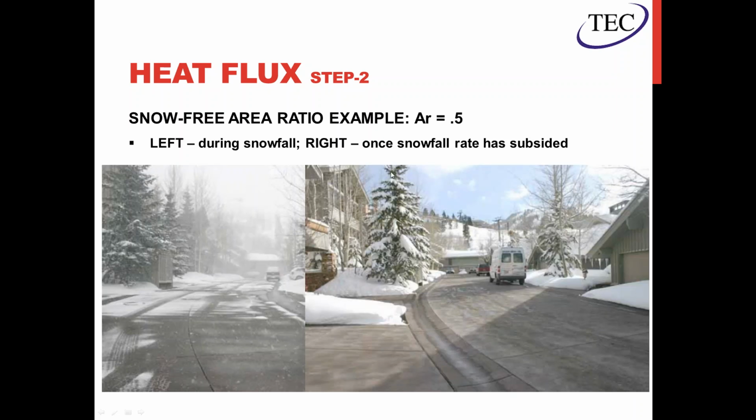And here's just a demonstration of this. On the left, this is a snow system working as the snowfall is coming down. There is some snow accumulating. On the right, it's showing once the snowfall is stopped, the snow system quickly recovers and melts the remaining snow.